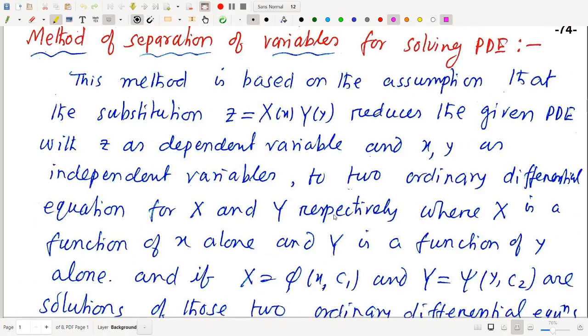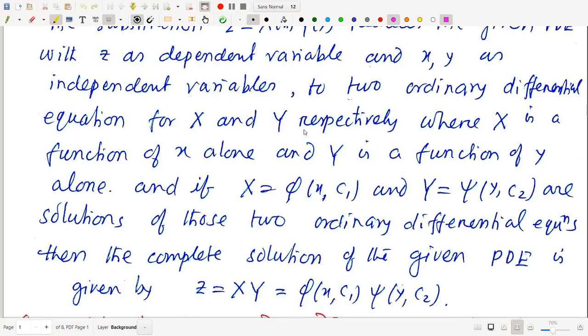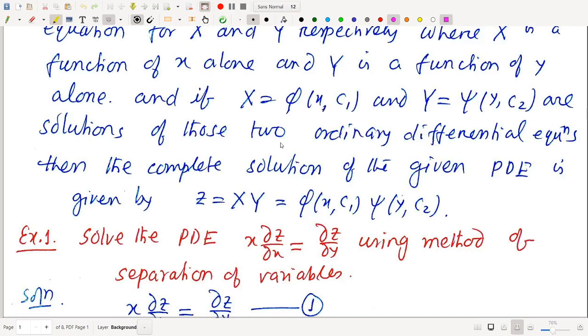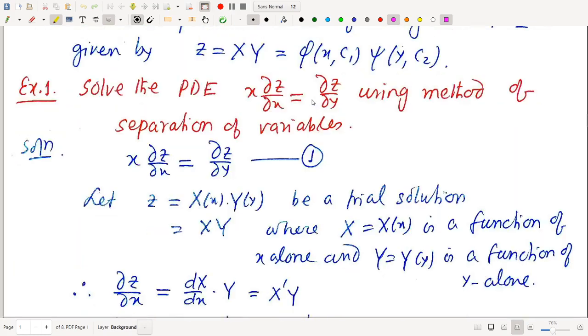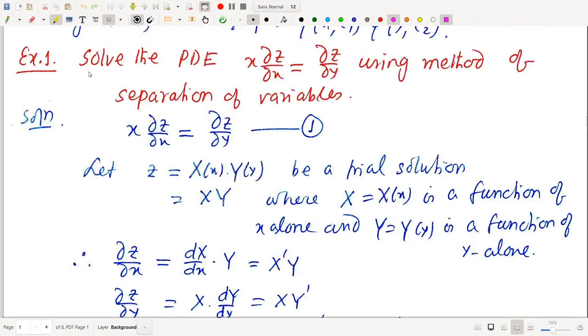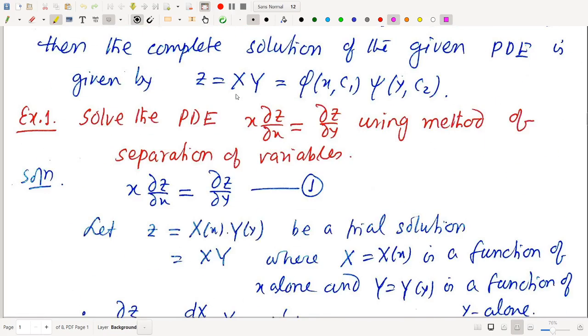This is for a PDE with one dependent variable and two independent variables, and of course the process may be generalized for 3 or 4 independent variables also. Let us see the solution of some examples by this separation of variables method.